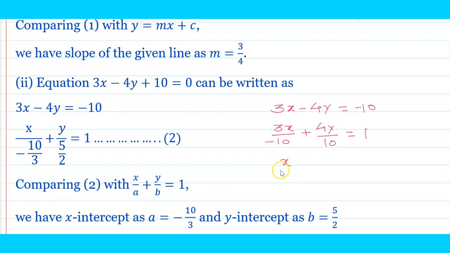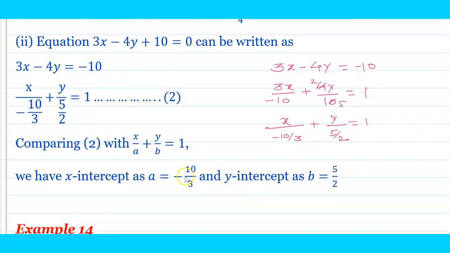Therefore, we can write x upon minus 10 upon 3 plus y upon, we can simplify this, that is 2 by 5, and it can be written as 5 upon 2, is equal to 1. Comparing this with x upon a plus y upon b is equal to 1, therefore a is equal to minus 10 by 3, and the y-intercept b is 5 by 2.